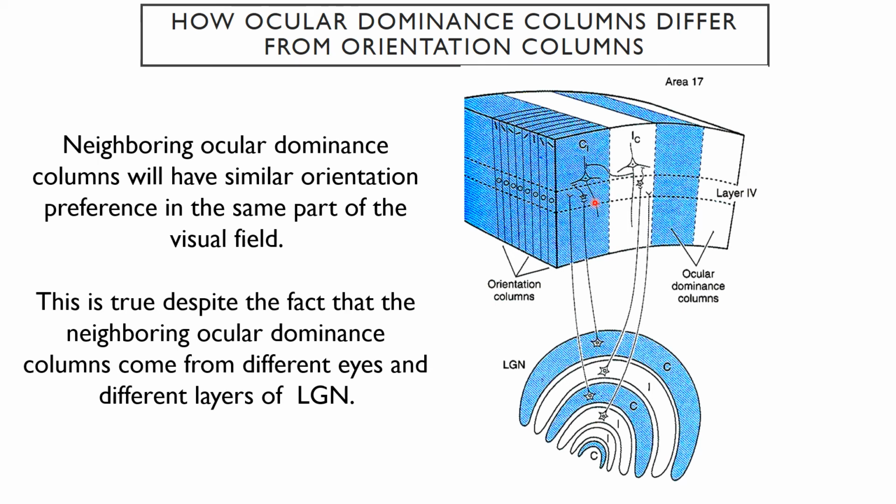This is dominated by the contralateral eye, and this is dominated by the ipsilateral eye, right? C over I and I over C. C is dominating I. And then we have orientation columns where they have a particular orientation that they prefer. And this is because we have the preservation of eye information being kept separate in the primary visual cortex.